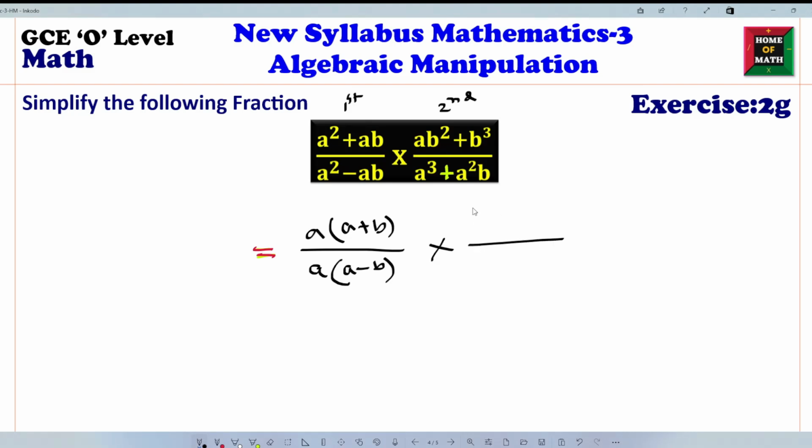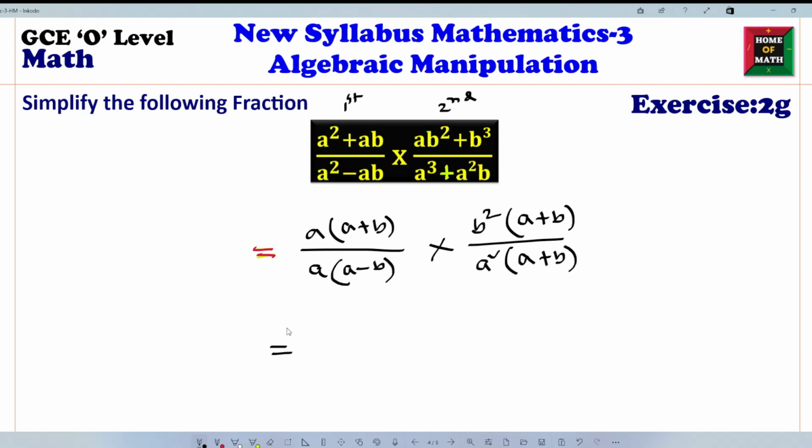Here, in ab square plus b cube, we can take common b square, and here is a plus b. In the denominator we can take common a square, so a plus b.